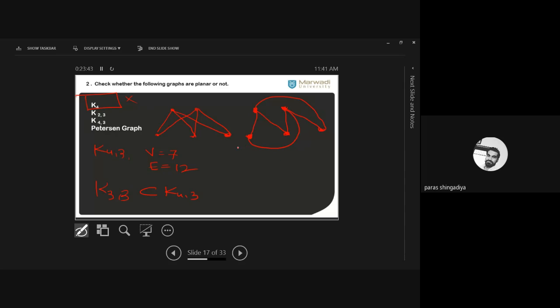And what about the Petersen graph? That is also non-planar. You can see that it is the Petersen graph, and there are also five vertices on the inside. If you redraw this graph, you will conclude that it is not possible to draw it without crossover.